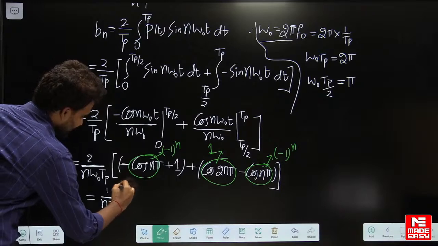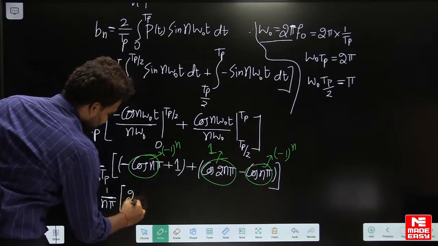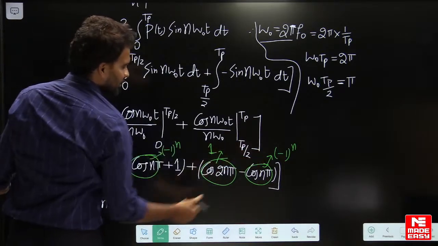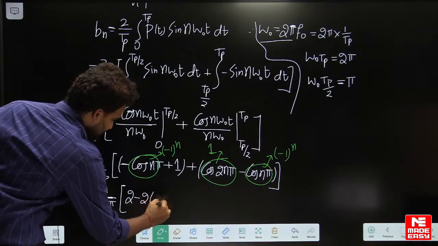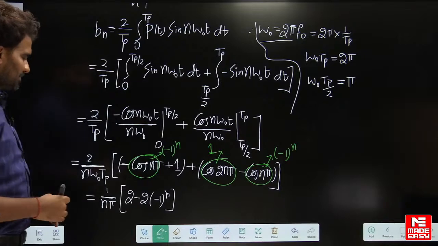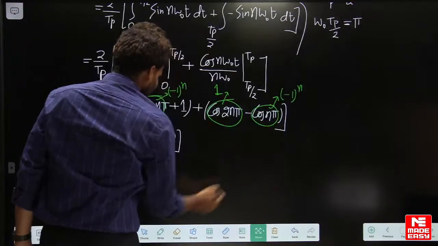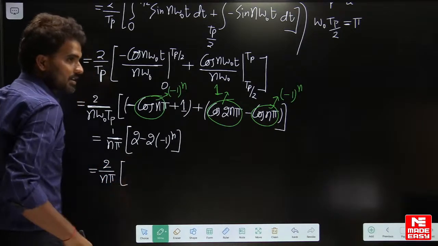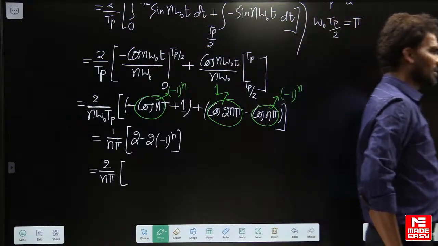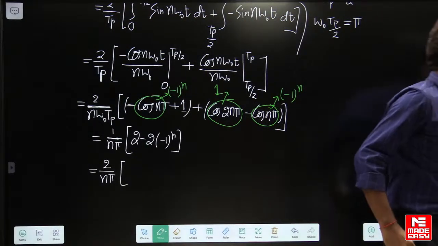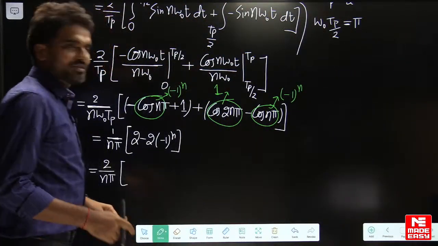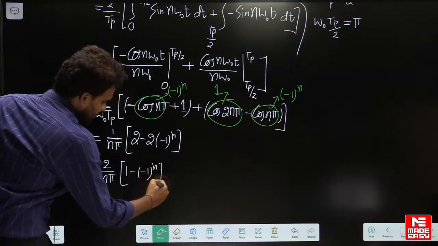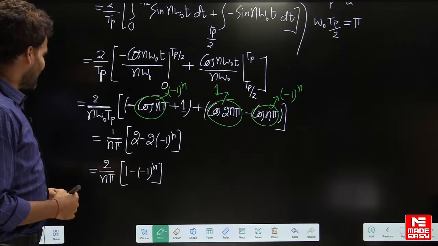So 1 plus 1 will be 2, and minus 1 power n and minus of minus 1 power n, so this is minus 2 times minus 1 power n. You can write this as 2 by n pi, if you take common, times 1 minus minus 1 power n.